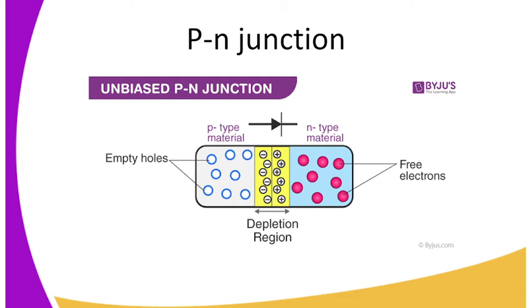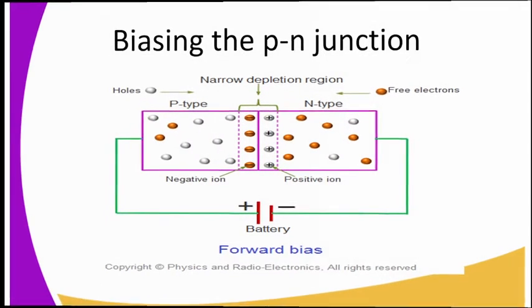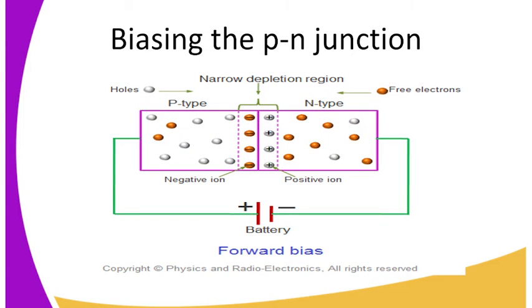Next, we have biasing the PN junction. The PN junction is said to be biased when a potential difference is applied across it. The first type of bias is the forward bias.